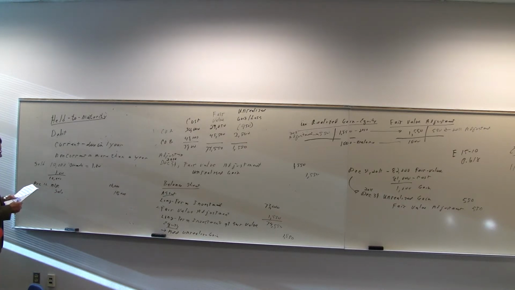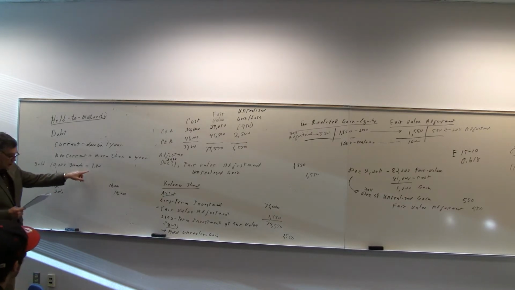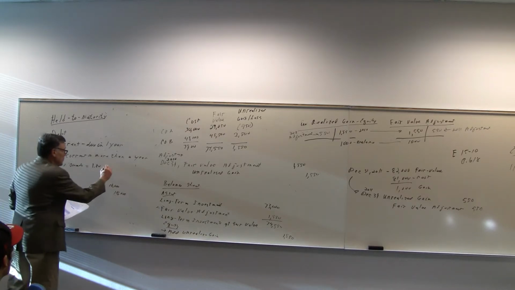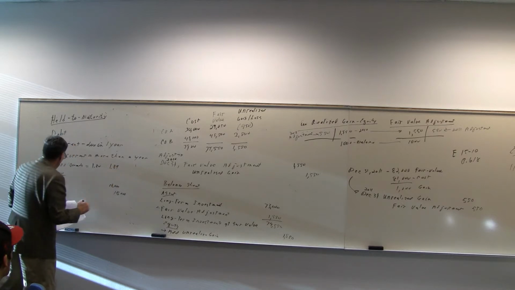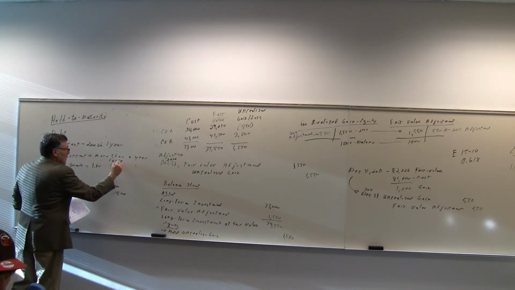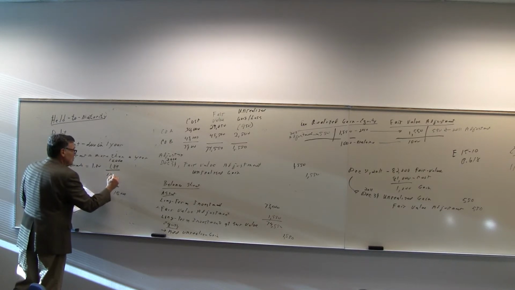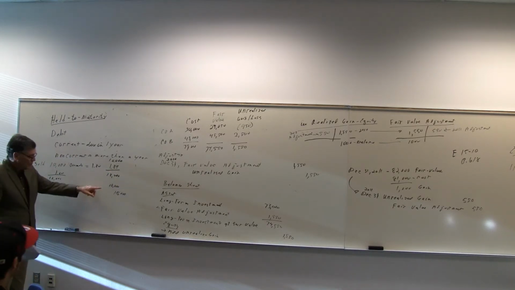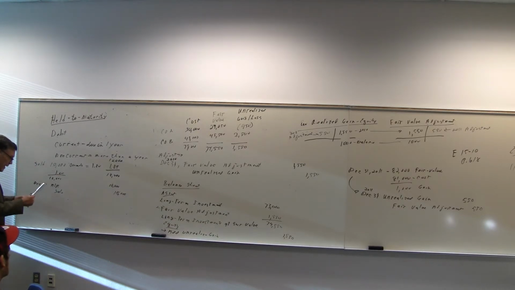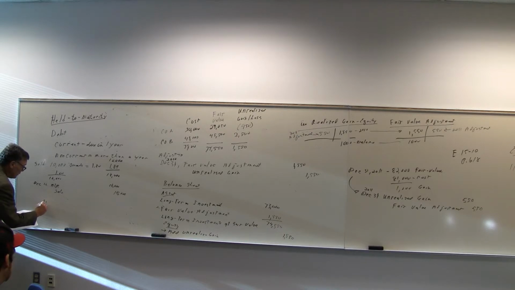Now the end of the year comes, and the pound has changed from $1.80 to $1.84. So now $1.84 times 10,000 comes to 18,400. So your accounts receivable went from 18,000 to 18,400. This is December 31st. It's an adjusting entry.